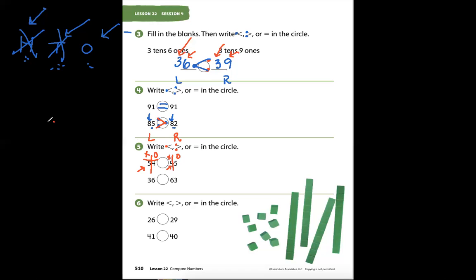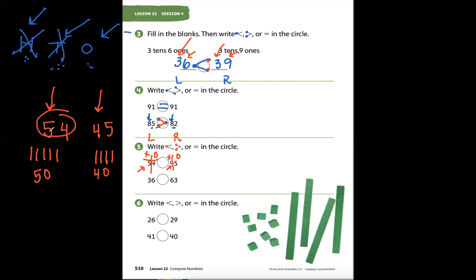The numbers 54 and 45 are not the same numbers. 5 tens is more than 4 tens. 5 tens has a value of 50. 4 tens has a value of 40. So we know that 54 is going to be more or greater than 45.